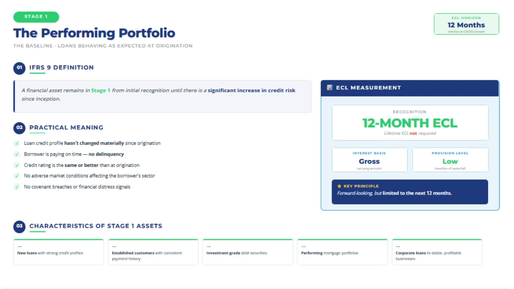So, a financial asset stays in stage 1 from the moment you originate it until there's a significant increase in credit risk. And that's it. Simple. As long as nothing materially worsens, the loan remains performing. So, stage 1 loans have 5 key characteristics. First, the borrower's credit profile hasn't changed materially since you originated the loan.